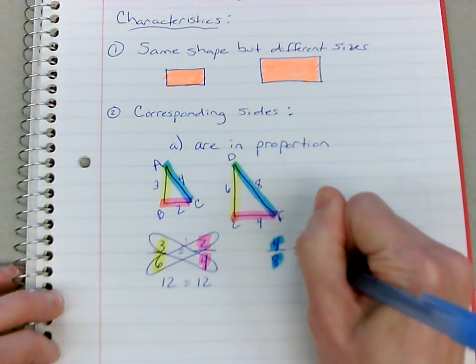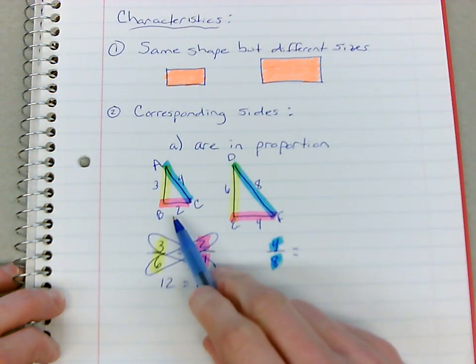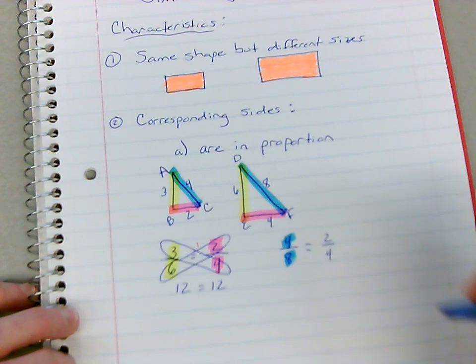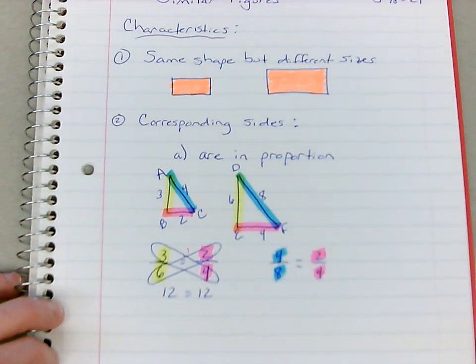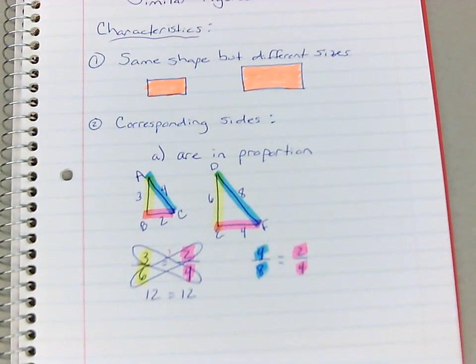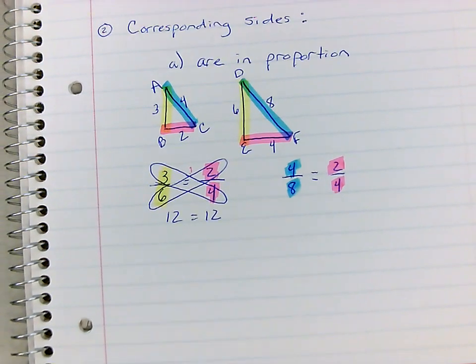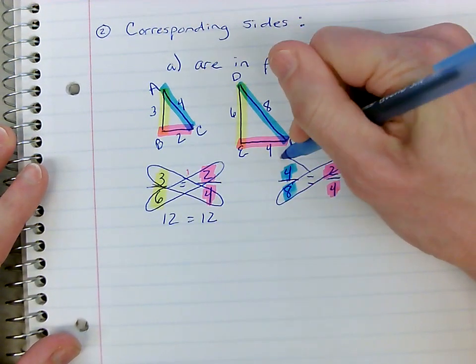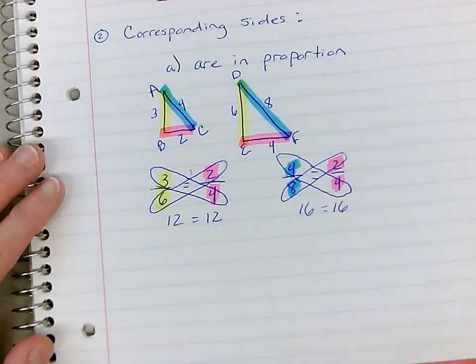And then I can pick any other side in those triangles to match and see if they're in proportion. So let's say maybe I go again with the bottom here, BC, which is 2, EF, which is 4, in pink. And so if I want to check their cross products again, so 8 times 2, 4 times 4. 8 times 2 is 16, 4 times 4 is 16.